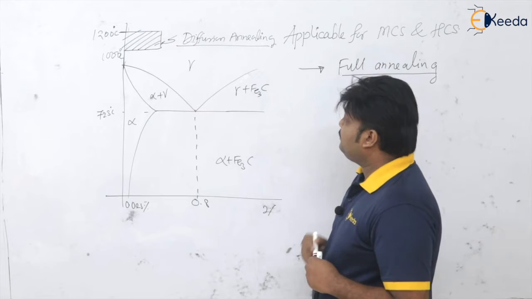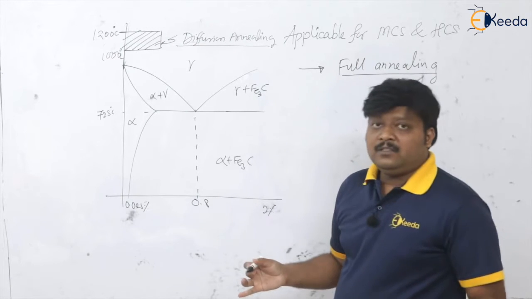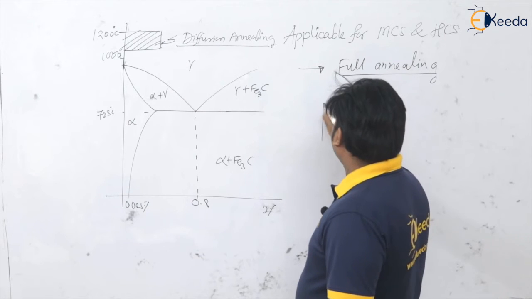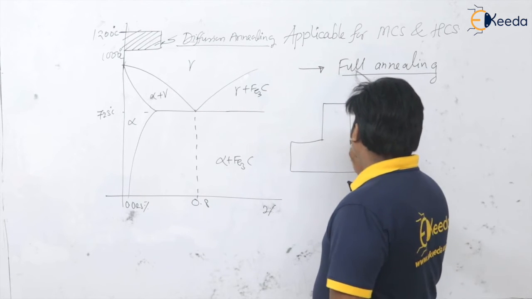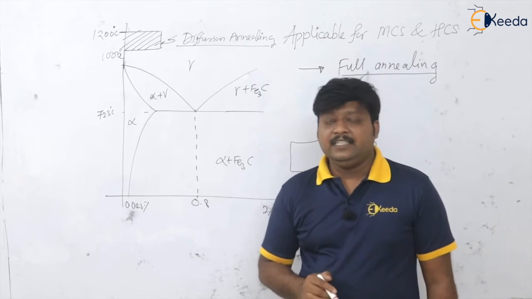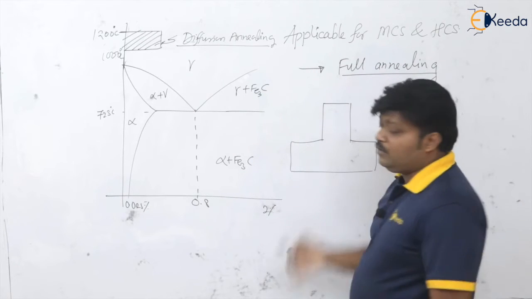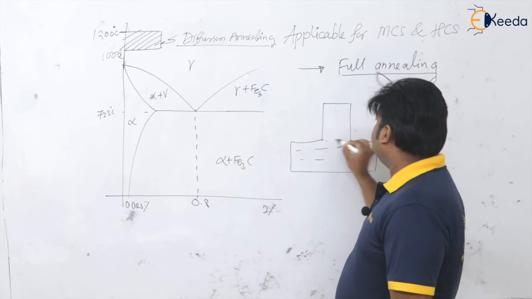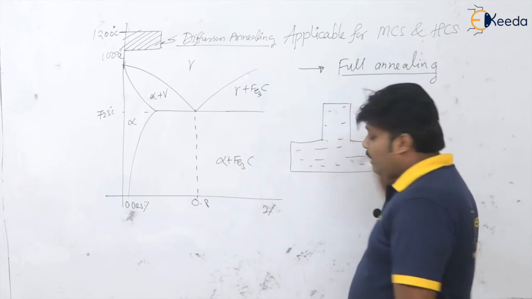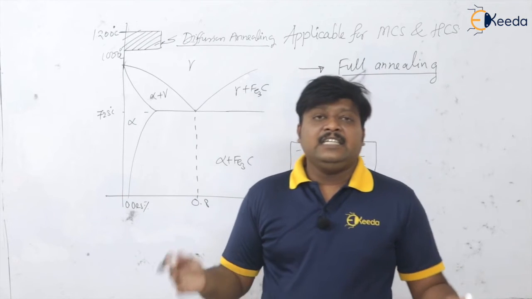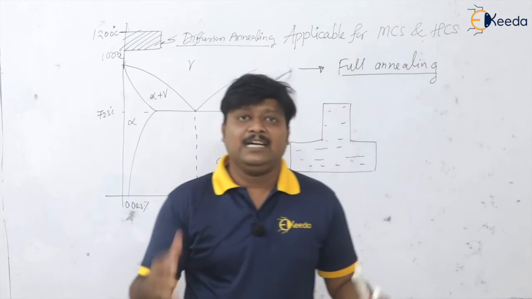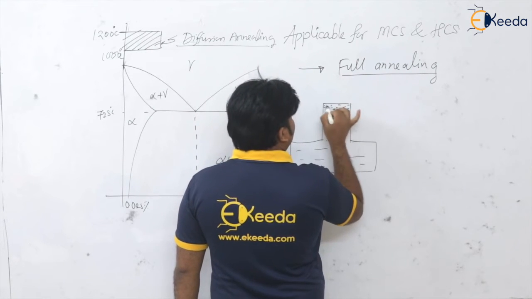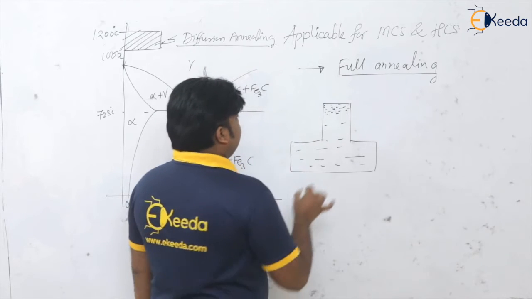Dear students, when we talk about heavy cast components, when we pour the molten material into the mold cavity, of course I am talking about steels. When I pour this molten metal into the mold cavity, what is going to happen? Generally the low density particle, that is the carbon, comes to the top surface of the casting. Why?